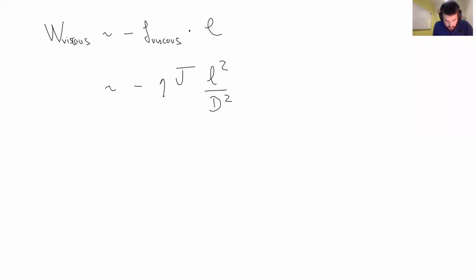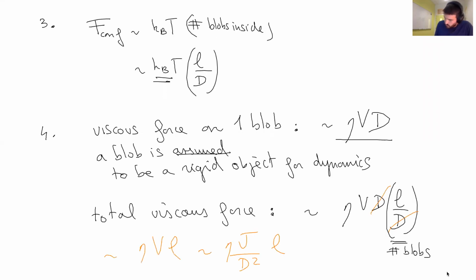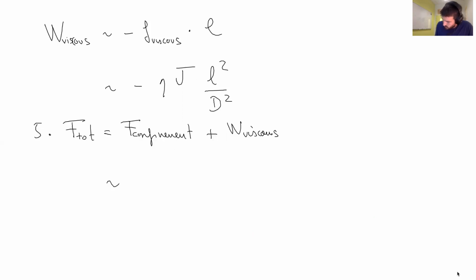And as a consequence, we can calculate the total free energy, which is the sum of the confinement penalty plus the work due to the entrainment by the viscous flow. The confinement one was kBT L over D, while the work is minus eta J L over D squared.